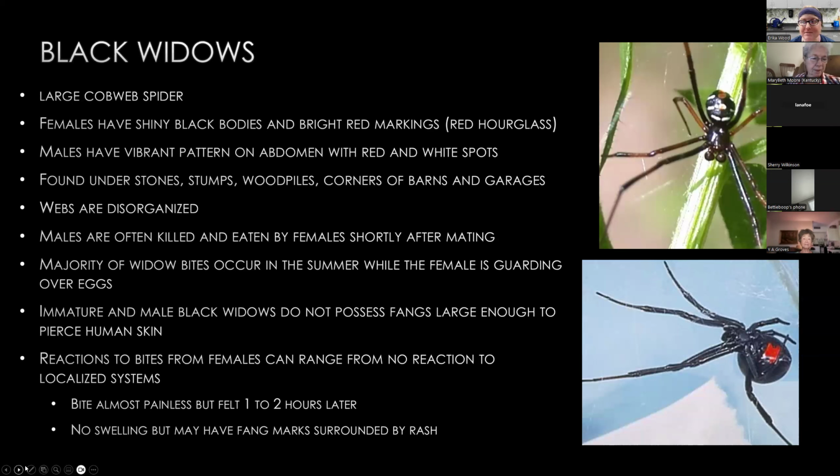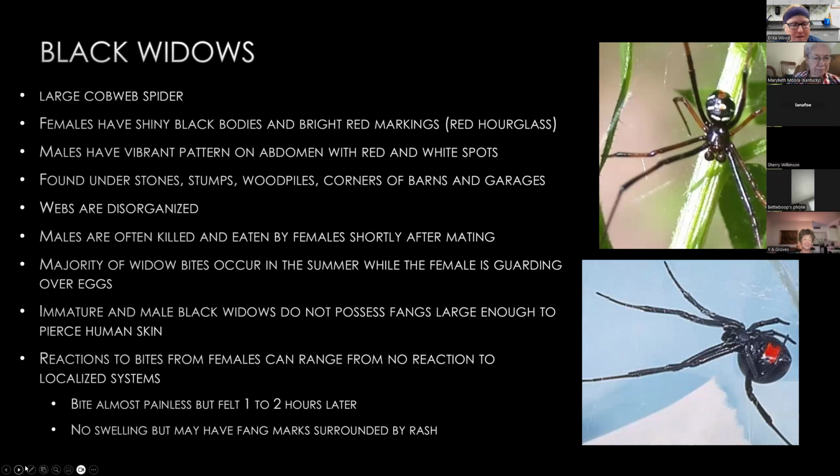That sounds really morbid and kind of disturbing, but that's just part of its life cycle. And if I'm being honest, the female's getting a good feed to prepare for her babies, to prepare for her eggs. So the male is definitely acting as a martyr, if you will.